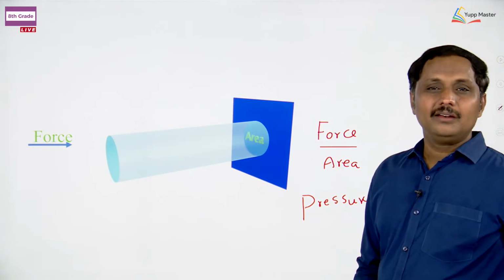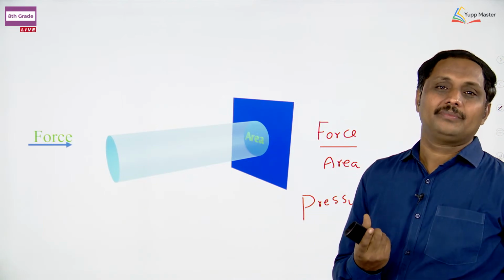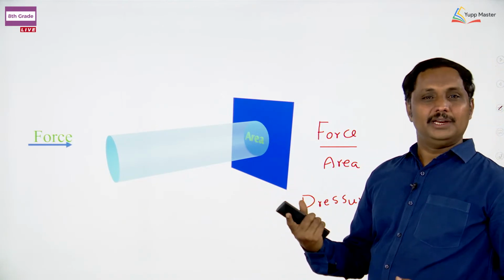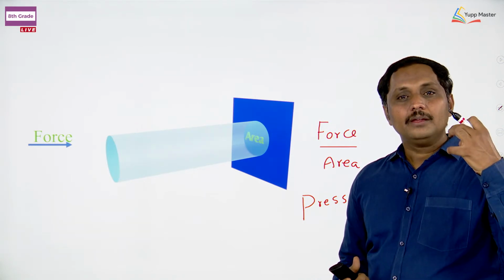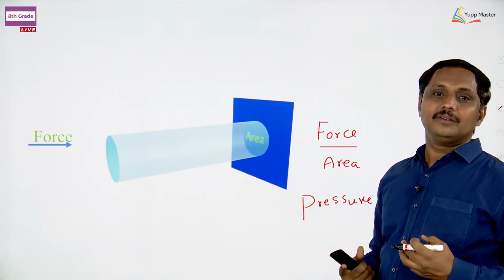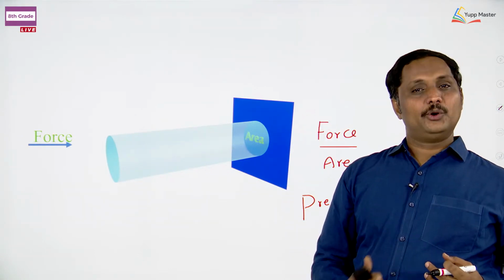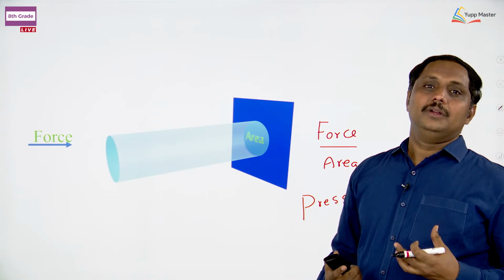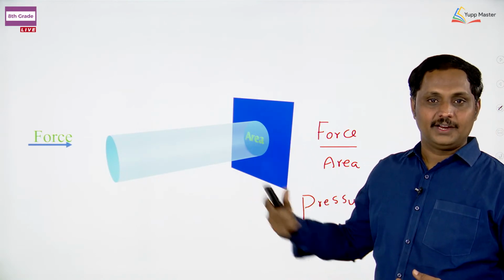In the environment you have atmospheric pressure. If you take a liquid, it is going to experience some pressure due to the presence of the environment, the air and all the different external parameters.